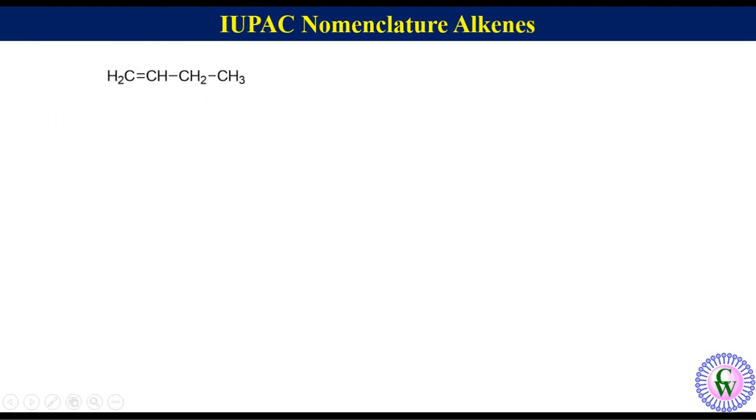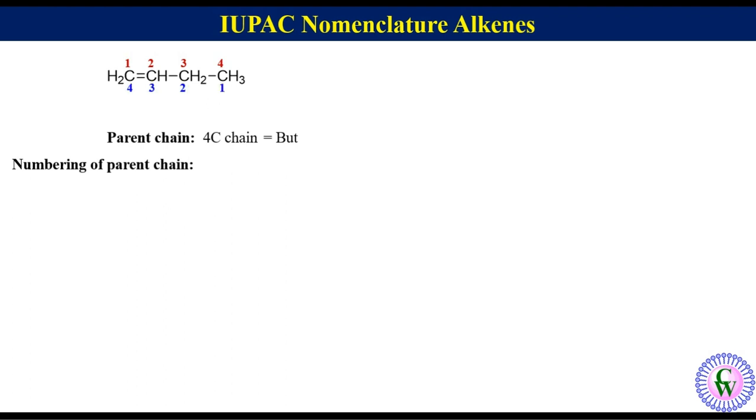Let's have this 4 carbon alkene. We will go step by step. Parent chain: it has a 4 carbon chain, so it will be named as but. Numbering of parent chain: number the carbons from left to right as 1, 2, 3 and 4, and from right to left as 1, 2, 3 and 4.